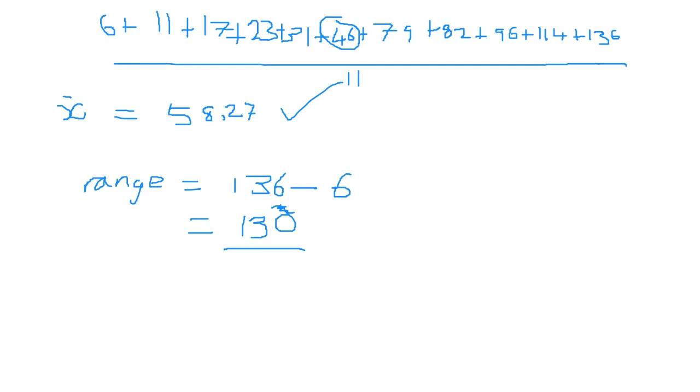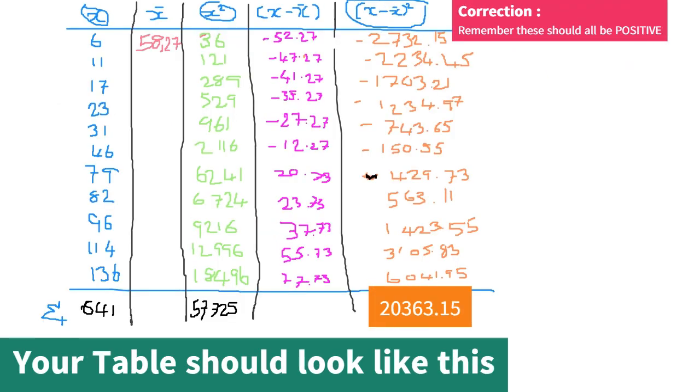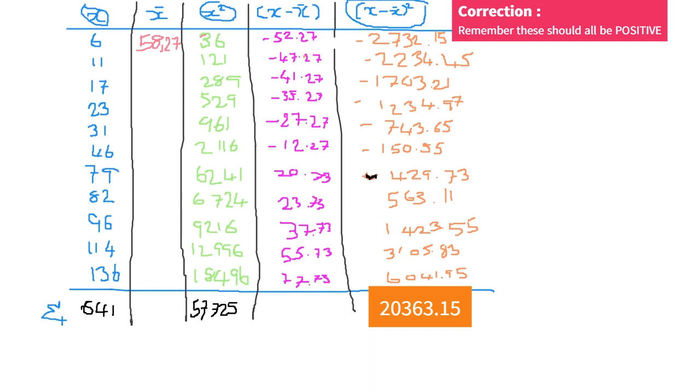Now we get into the business, calculating the standard deviation. It's always worth checking that twice. So we're going to work out the standard deviation. Again, let's do our formula.